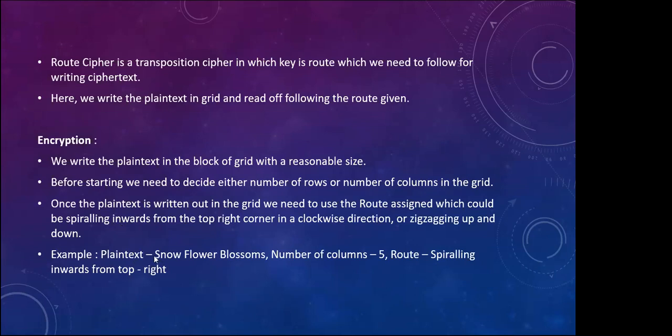For the plain text we will take the same snow flower blossoms, but here the key we have given is a number of columns as 5, or we can even have the number of rows as well. Here I have taken the key as number of columns as 5 and route as spiraling inward from top right.